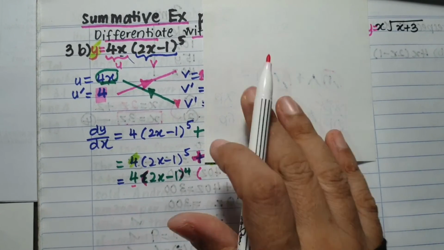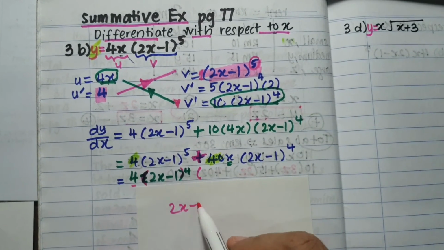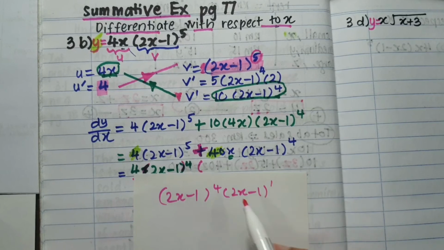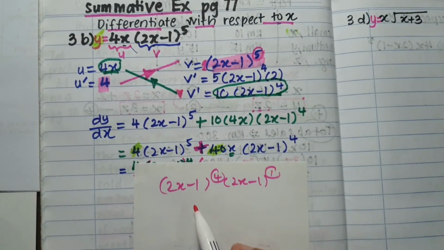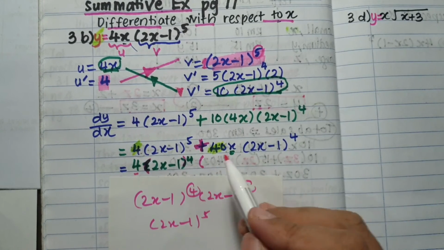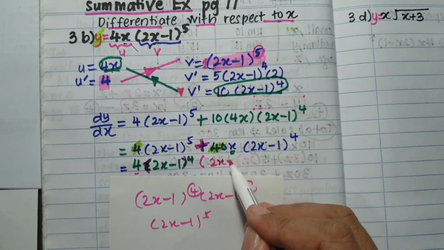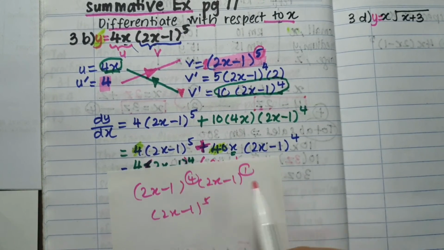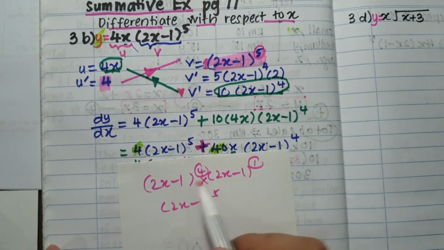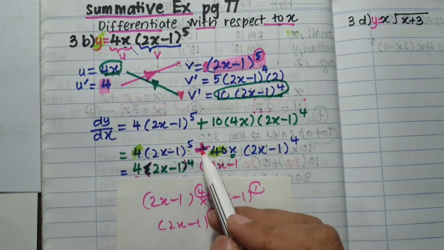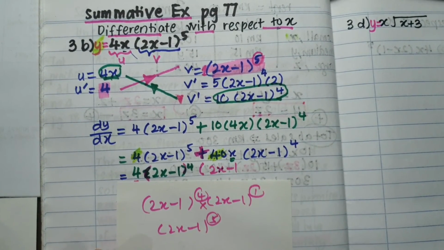You need one more bracket, because (2x minus 1) power of 4 times one more bracket power of 1, 4 plus 1 becomes 5. So that's why you have power of 5. Here you have power of 4, you need one more bracket with power of 1. A bracket with power of 1, you don't have to write the power of 1. Here I write power of 1 because I want to show you all how I get 5 here. Next you have the plus operation.